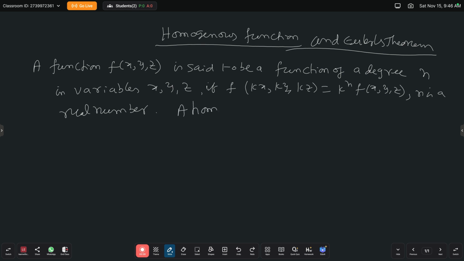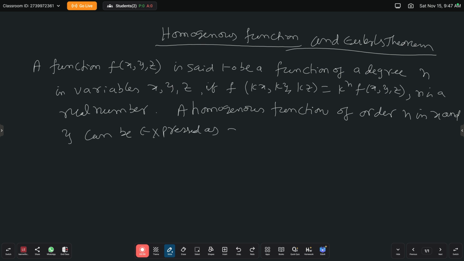A homogeneous function of order n in x and y, of the two variables x and y, can be expressed as x power of n into f of y by x, or y power of n into f of x by y.